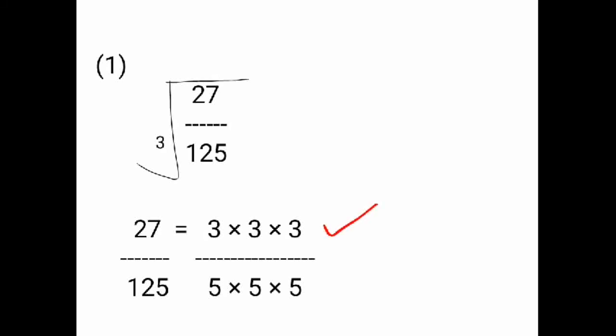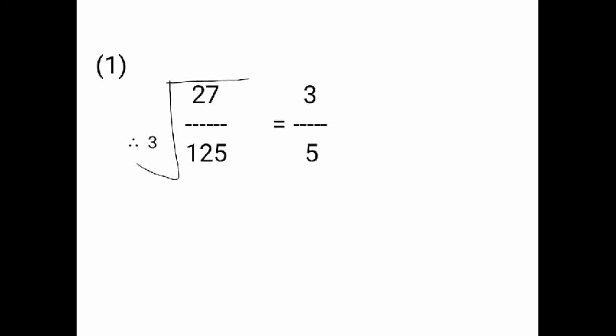This 3 and 5 you have to write in cube form of index. That is 27 upon 125 is equal to 3 cube upon 5 cube. In this 3 cube and 5 cube, the number repeating 3 times in multiplication form, you have to write in cube form of index. That is, therefore, cube root of 27 upon 125 is equal to 3 upon 5.